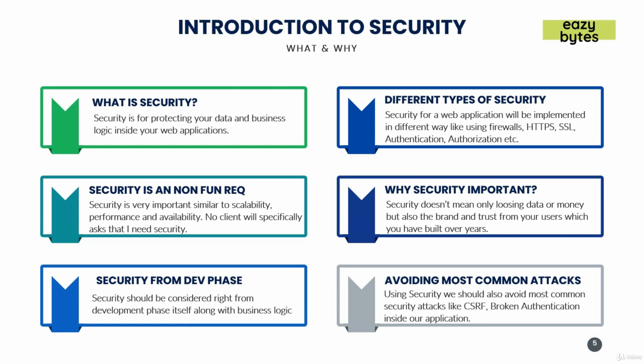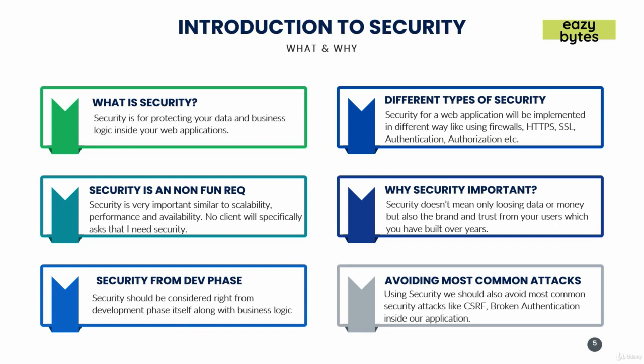Next, security is a non-functional requirement. If you ask me what a non-functional requirement and a functional requirement are: any client or organization that wants to build an application will write down their functional requirements, like I need so-and-so page, so-and-so buttons, I need to accept so-and-so information from the user. All those functional requirements they will define in their business requirement documents.